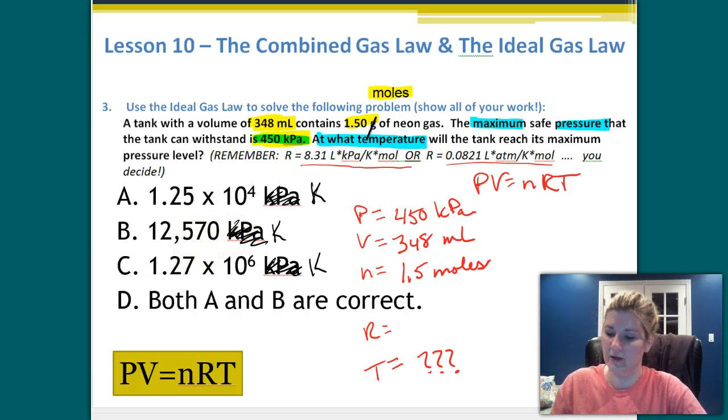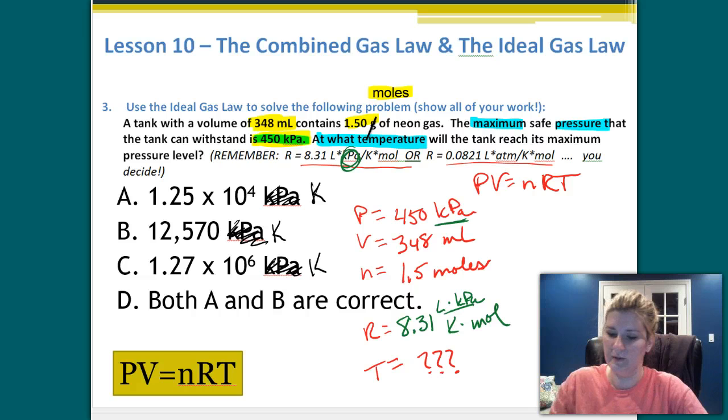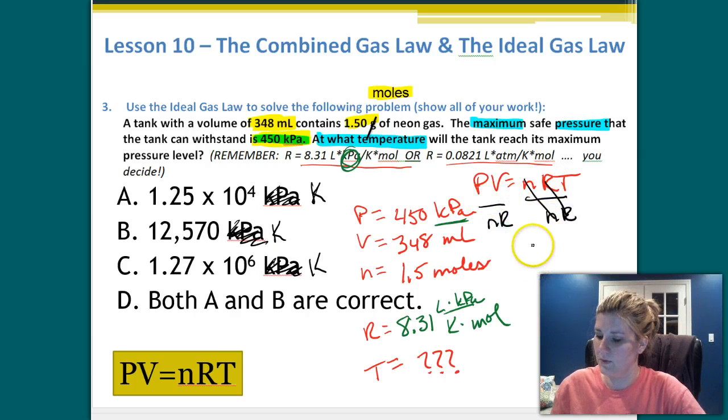Let's go back to our R. We're given pressure in kilopascals, so we have to use the R value with the kilopascals in it. So we're going to go ahead and use 8.31 liter kilopascal per Kelvin mole. Okay? Plug and chug. Solve for T. So I'm going to divide by nR on both sides, giving me a new equation.